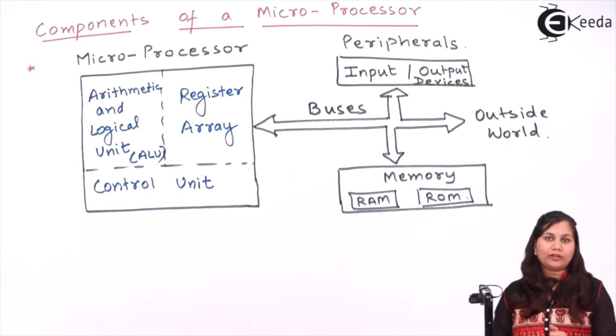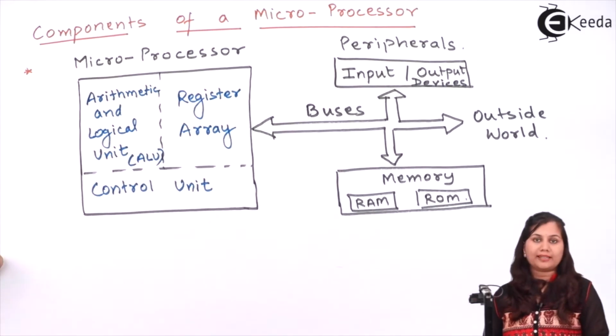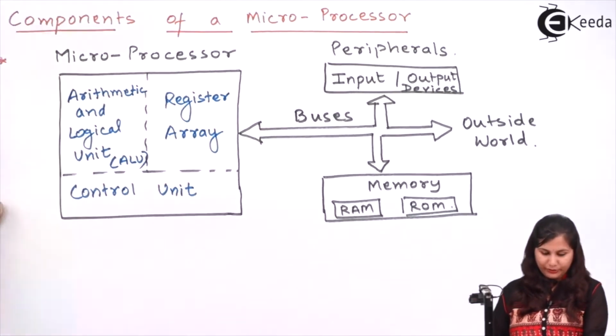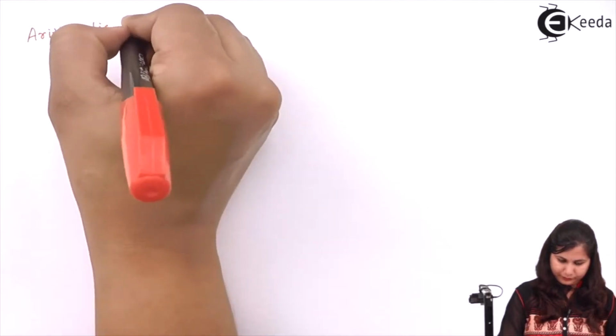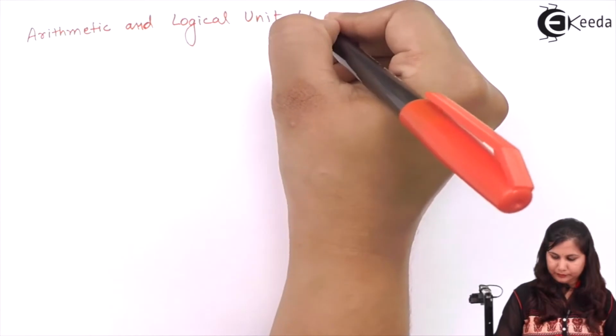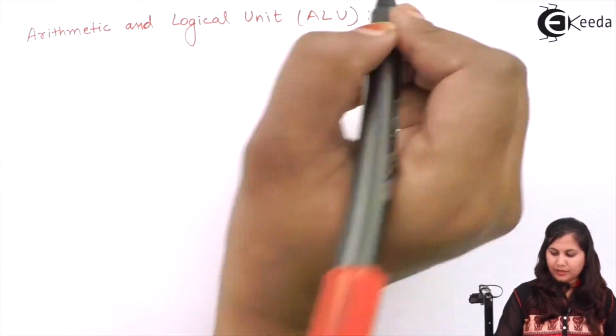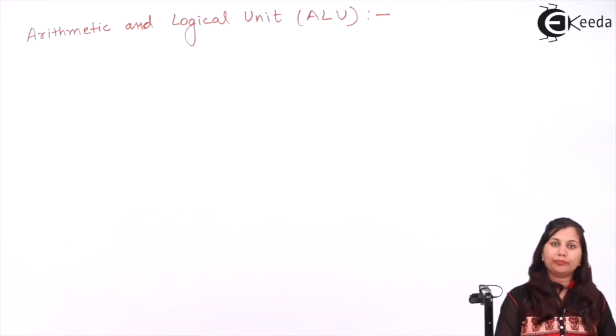Let us study these components one by one. First we will start with the arithmetic and logical unit. The function of this component, the ALU, is just like its use in computers.